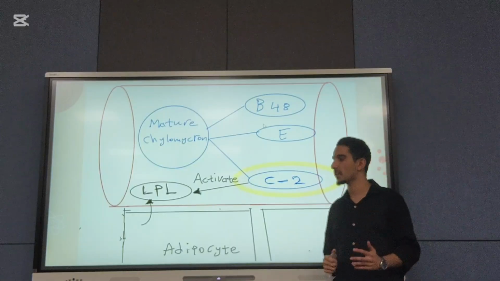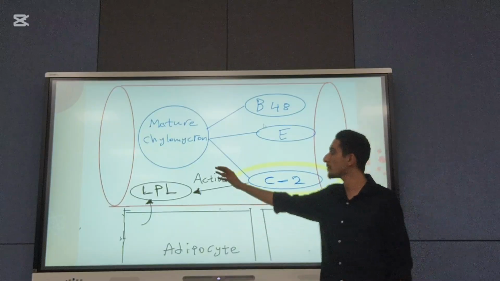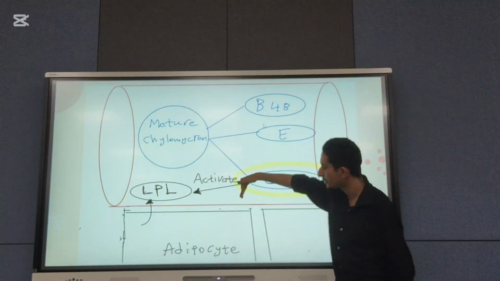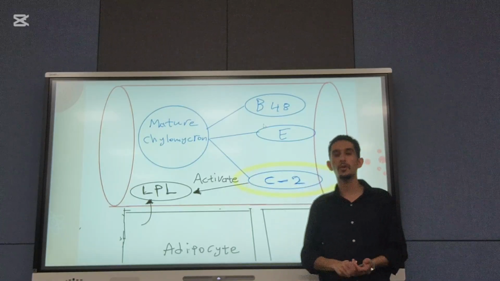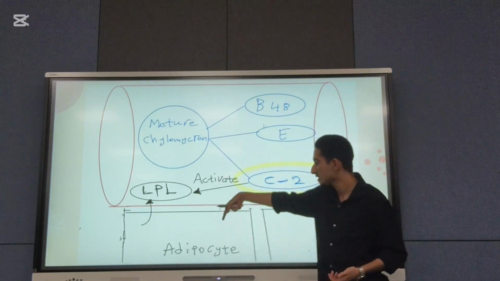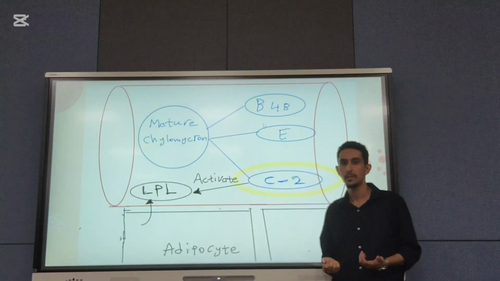We need to know this general rule. The triglyceride in the chylomicron cannot pass through the endothelium of the blood vessel. It has to be broken because it's a big structure. How will we transport it through the small endothelial openings of the blood vessel? We cannot.